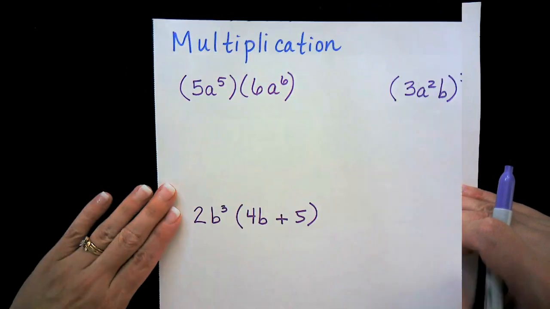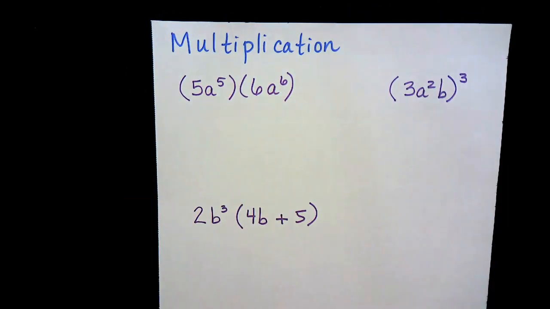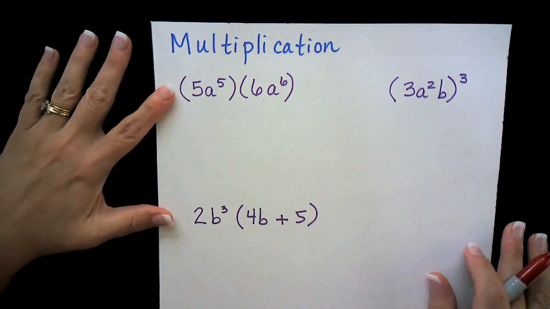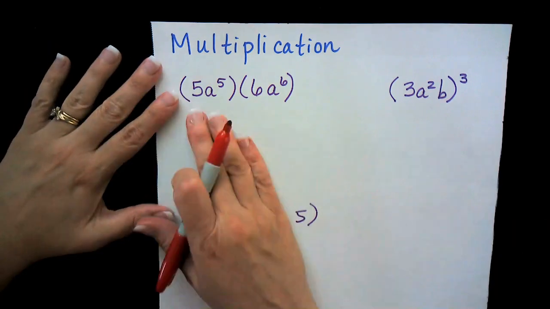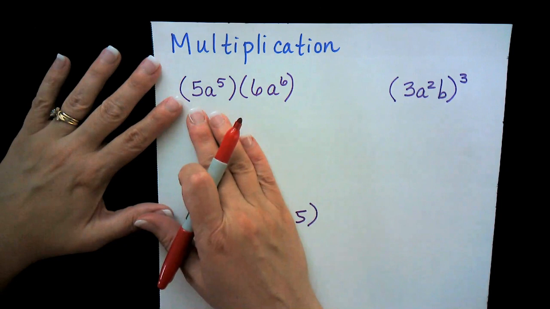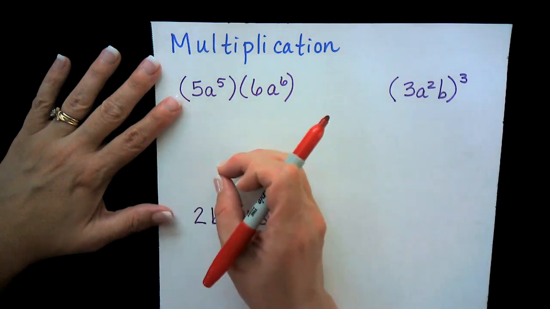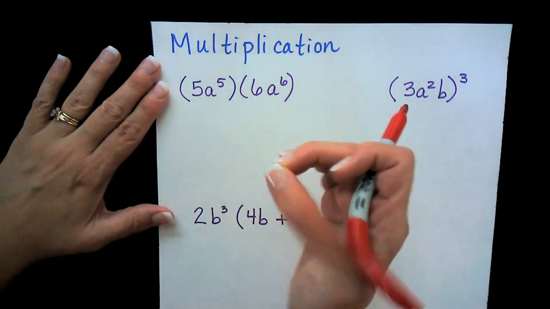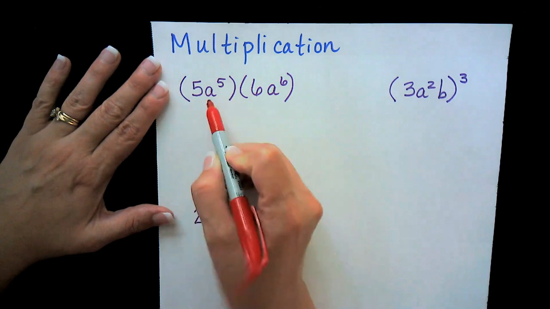So when we multiply polynomials, we have to first understand how multiplying monomials works. So I want to think about this 5a to the 5th because I want you to picture how the multiplication actually works. So 5a to the 5th, here's what that really means.